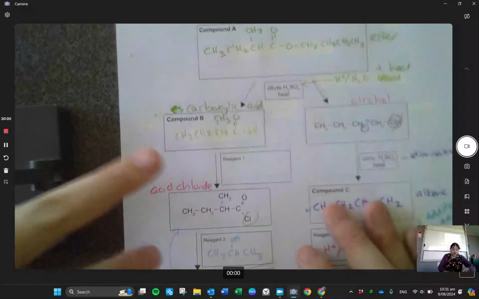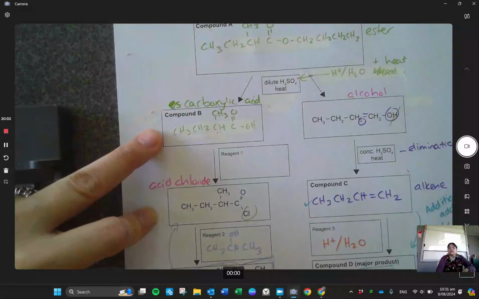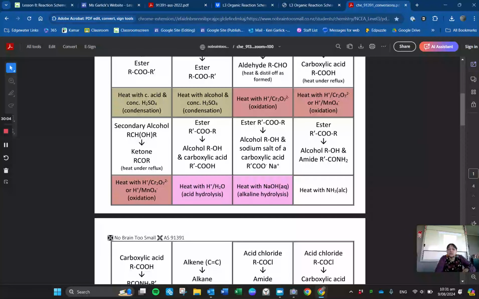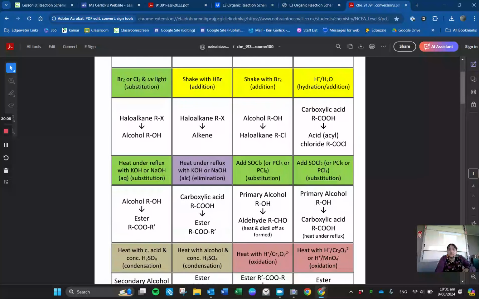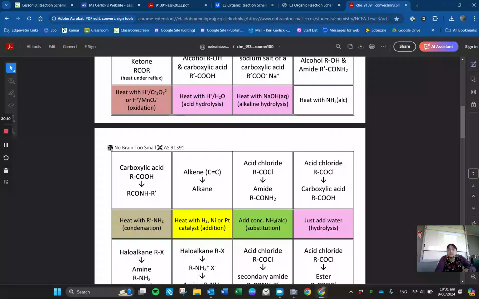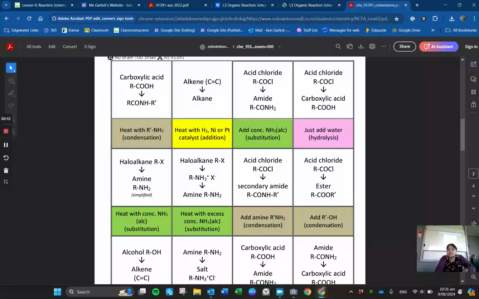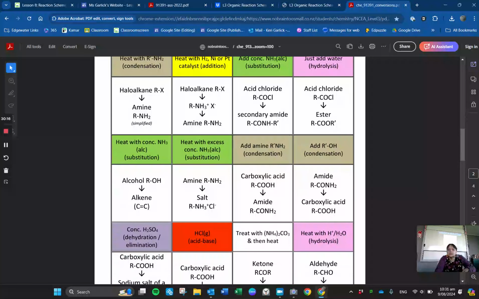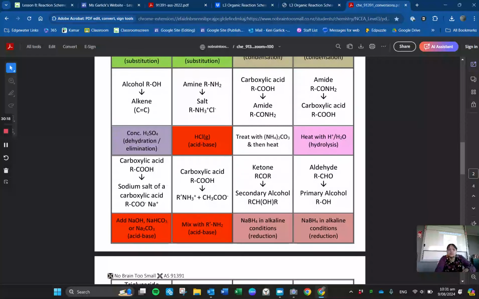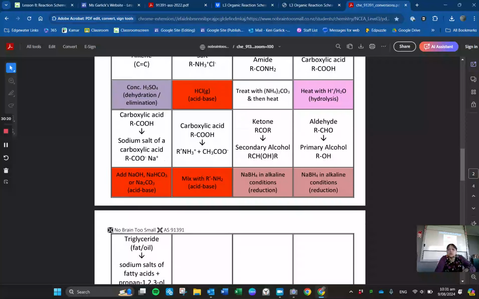Okay. All right. Carboxylic acid to acid chloride. Let's find that guy on our list. So we want a carboxylic acid to acid chloride.